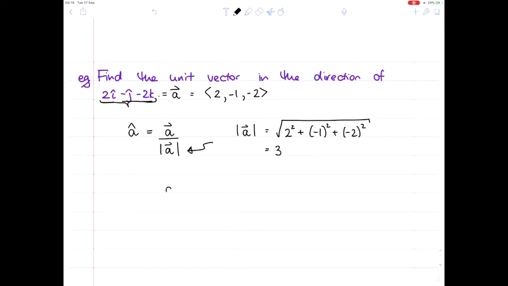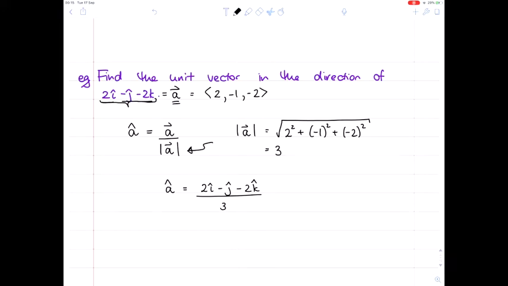So our unit vector, so this is the vector of length 1 in the same direction as vector A, is equal to our original vector A, which is 2i hat minus j hat minus 2k hat, divided by 3.